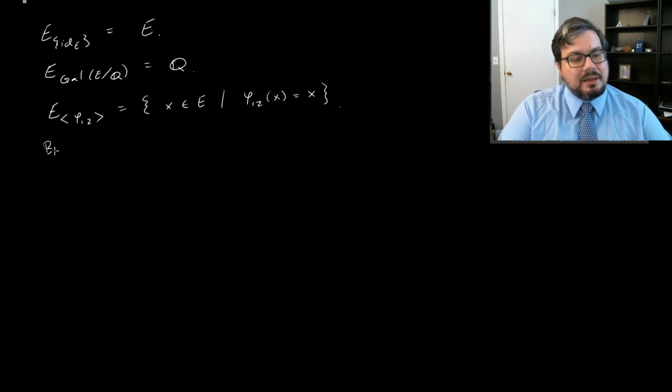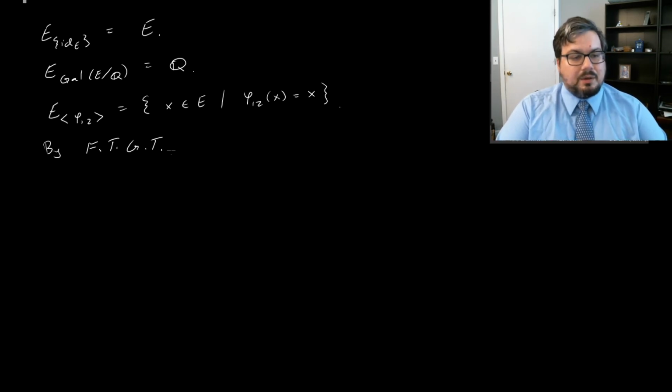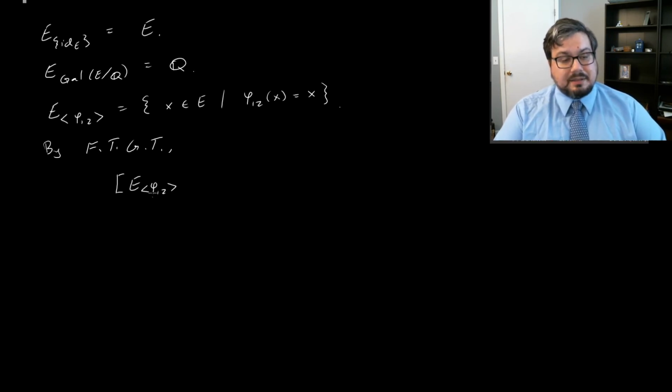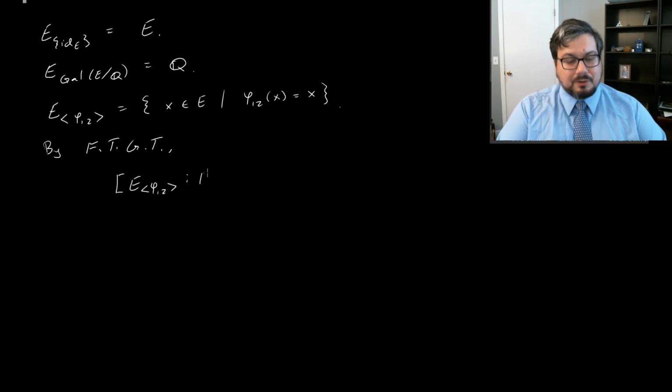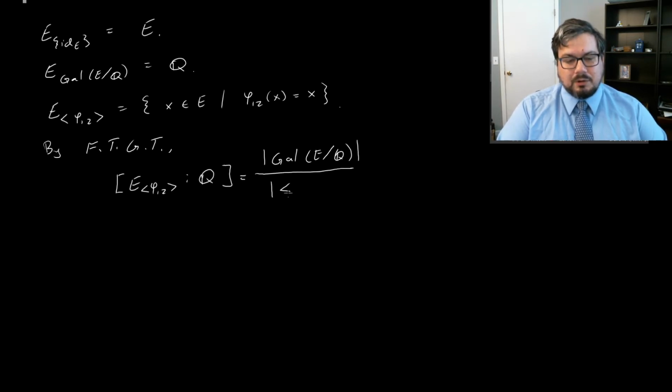So now, by the fundamental theorem of Galois theory, we have that the order of the fixed field of the subgroup generated by phi12 over Q is equal to the order of the Galois group of E over Q divided by the order of the subgroup generated by phi12.